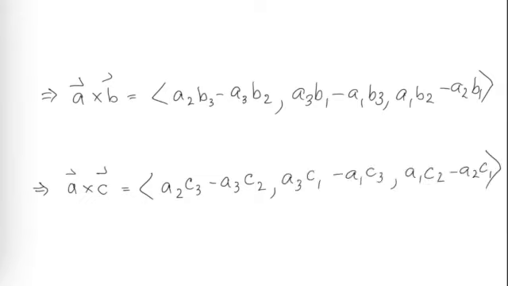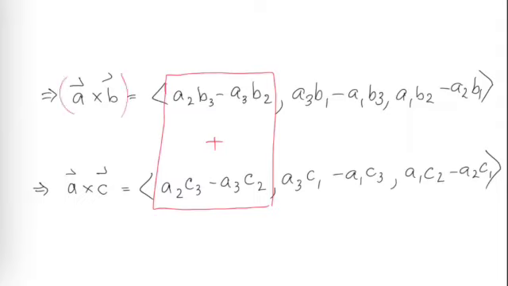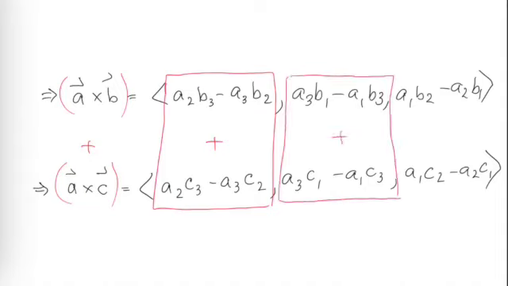So what we're trying to get towards is an I component that looks like these two things added together, right? Because we want the cross product of A with B added to the cross product of A with C. So it's going to be essentially adding those components together. So we want to see if where we are with our current process is the same as these things added together.